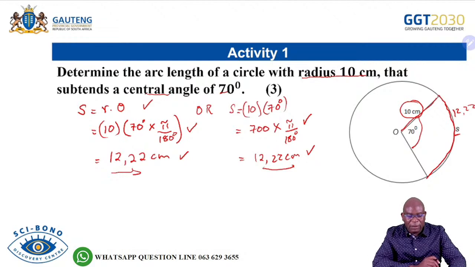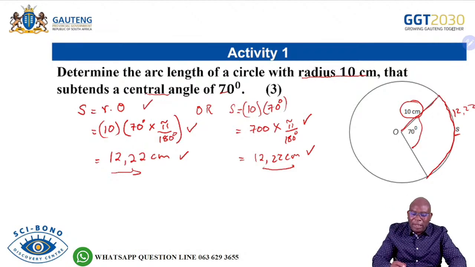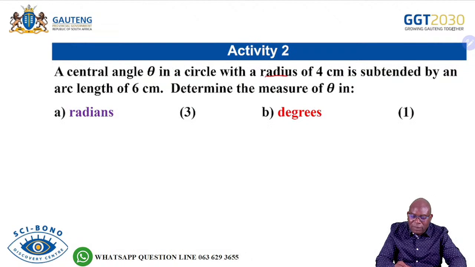The next activity says a central angle theta. The sketch is not given, but we know the central angle theta is in a circle with a radius of 4. So what is given here? It's a radius. It's subtended, very important, by an arc length.